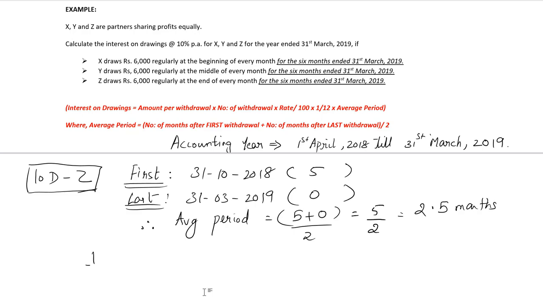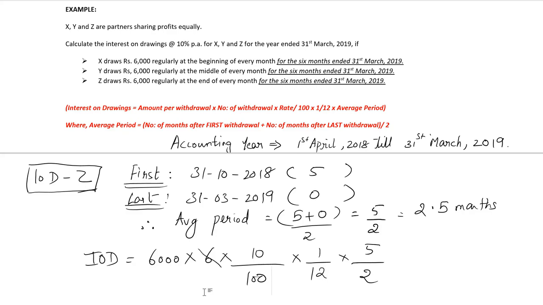Let's apply the formulae. Amount per withdrawal into number of withdrawals into 10 by 100 into 1 by 12 into 5 divided by 2.